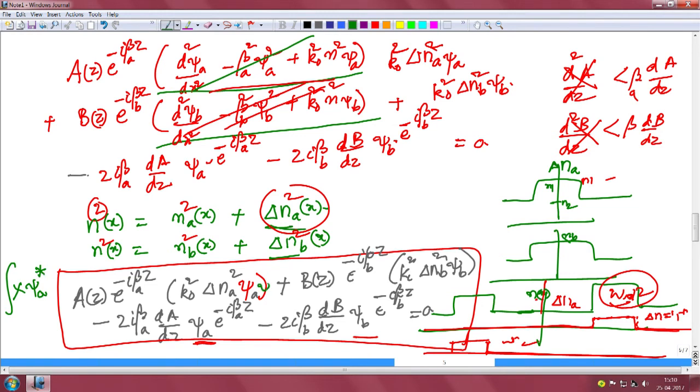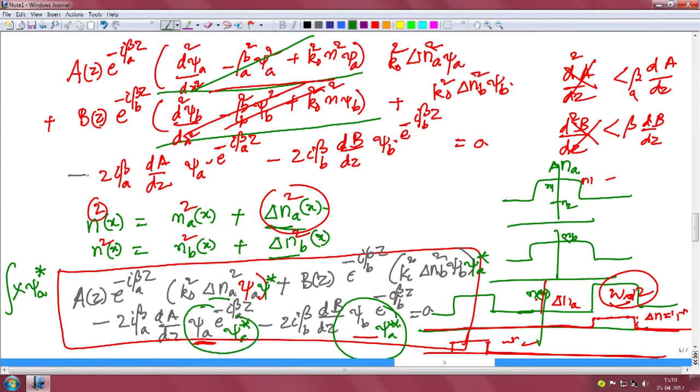There is a psi A star multiplication here, here, and here, and here also psi A star. So, we observe that here is a psi A psi B combination and here is a psi A psi B combination, and we can apply the orthogonality here.